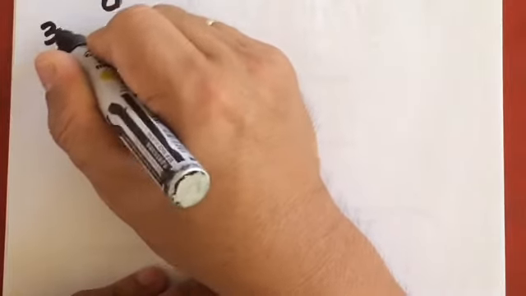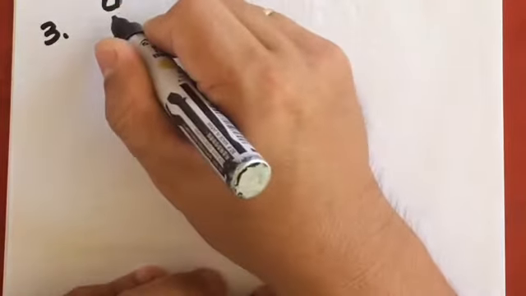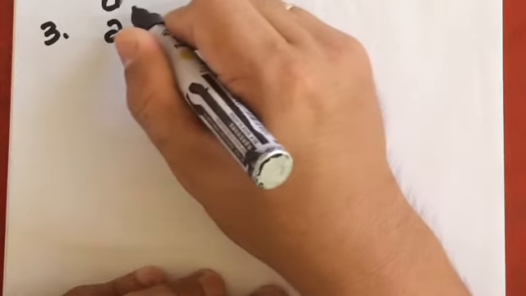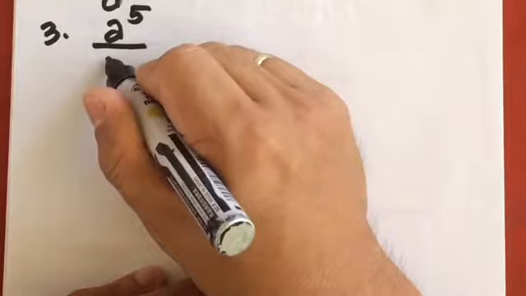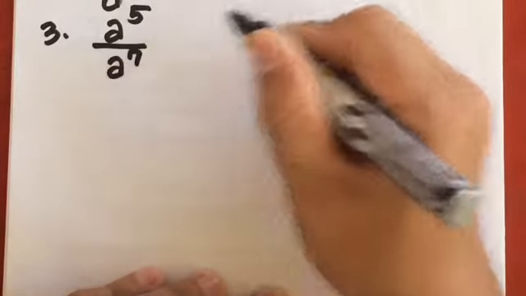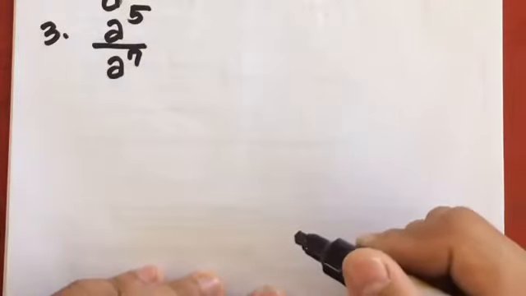Okay, example number 3. Let's have a to the power of 5 over a to the power of 7. Now in here, the exponent of the denominator is larger than the exponent of the numerator. So we're going to use the second case.